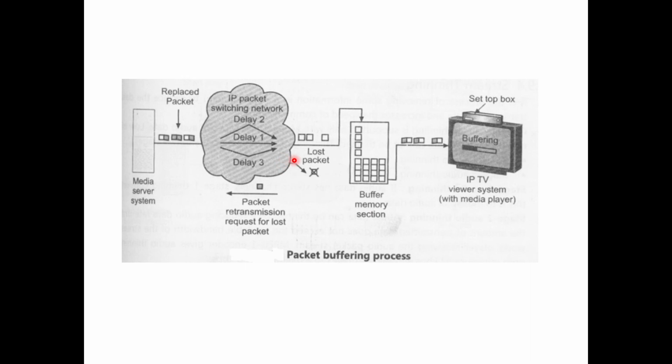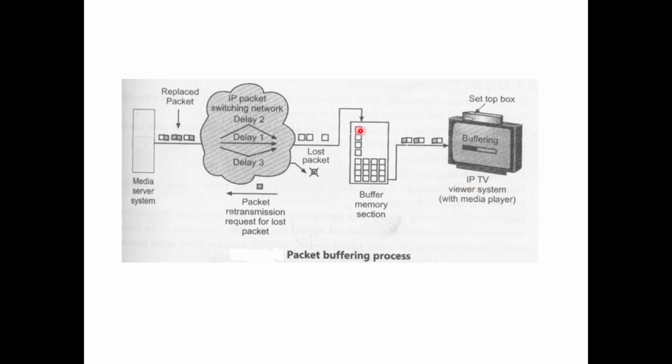If a packet is lost, a retransmission request for the lost packet is given to the server, sorry, to the client. Then all those packets will be stored first in the buffer memory section, and you can watch it on the IP television with the media player.